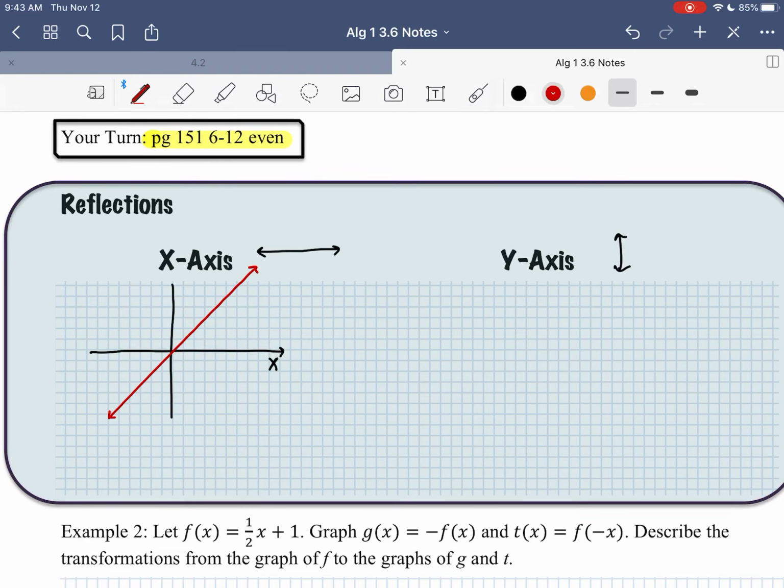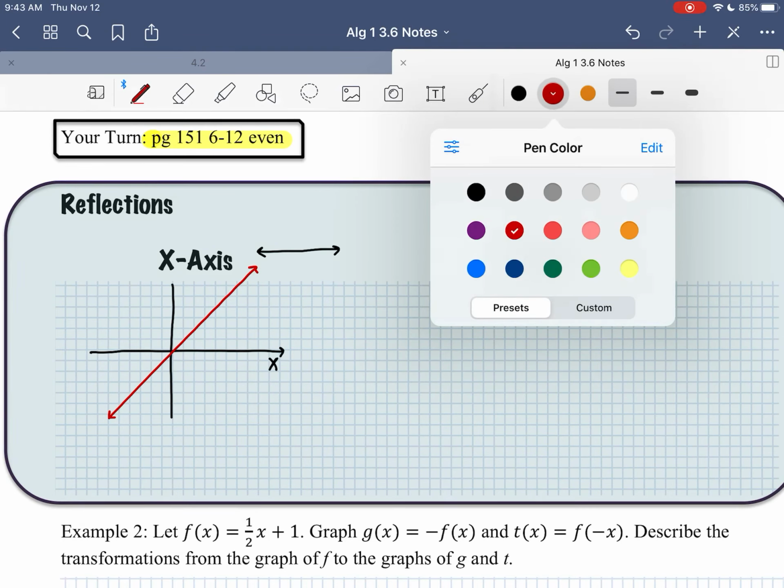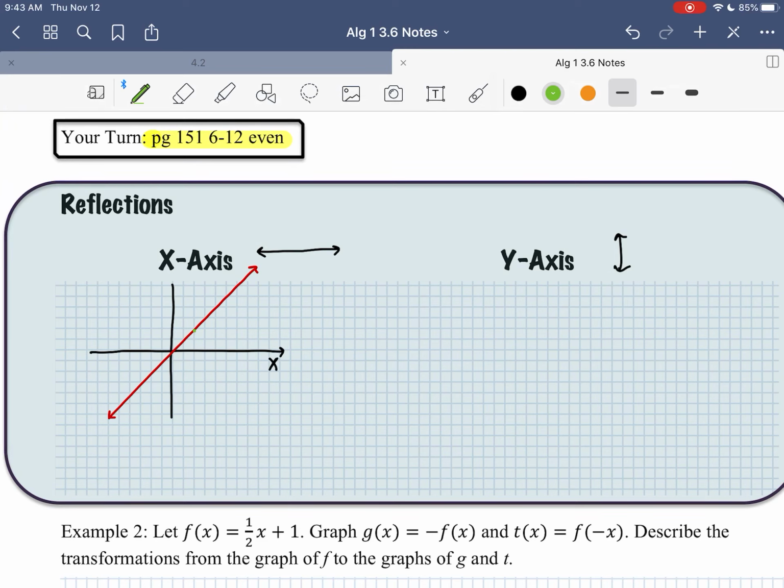Instead of being up 2, it's going to move down to here. This point here will stay the same. This point down here will flip up here. So all of our points need to flip. When we flip this guy over, we get this function right here.